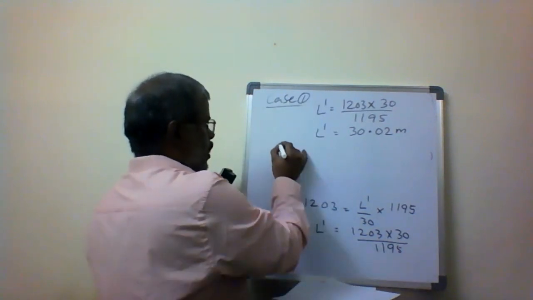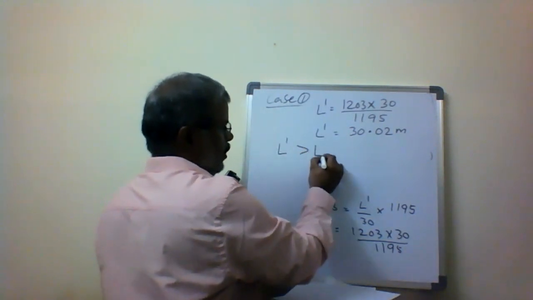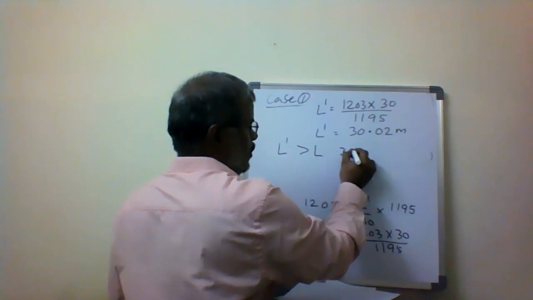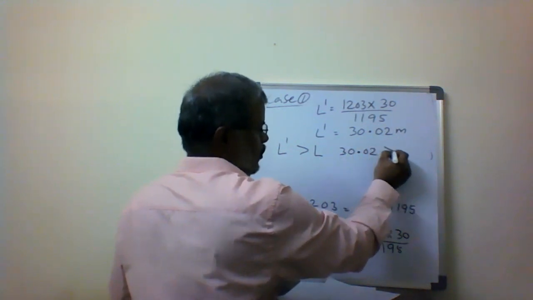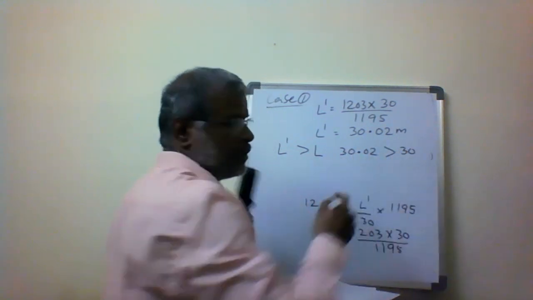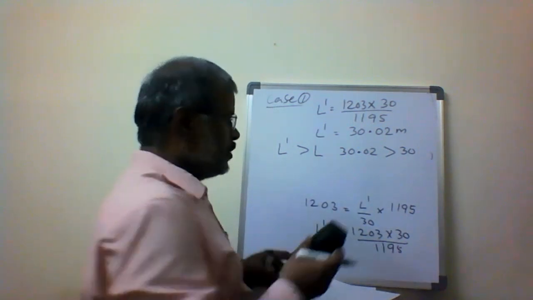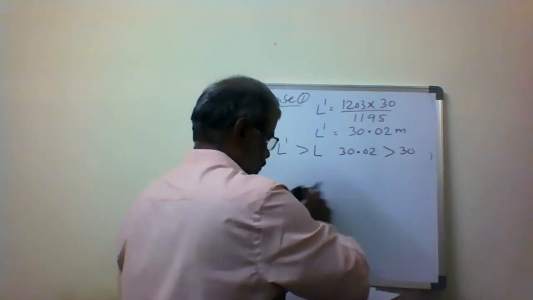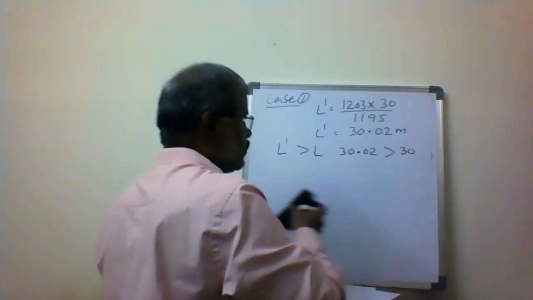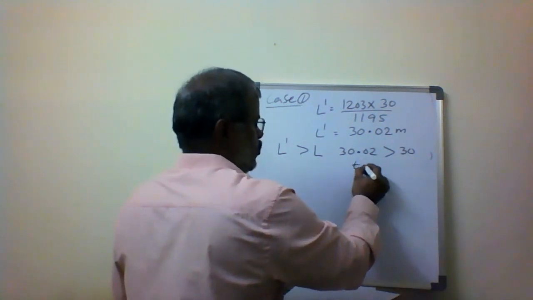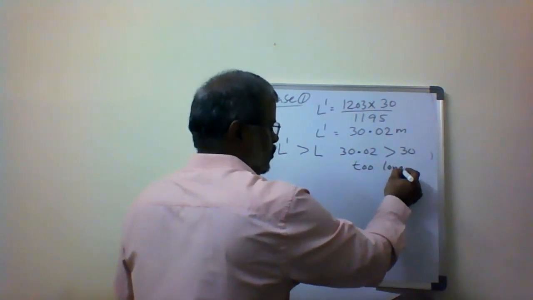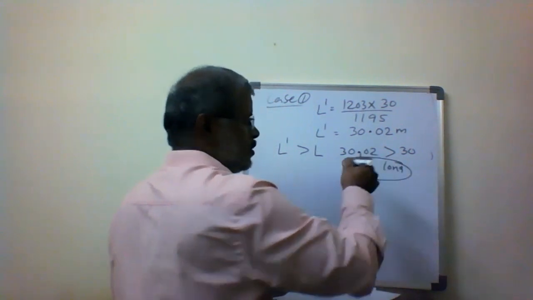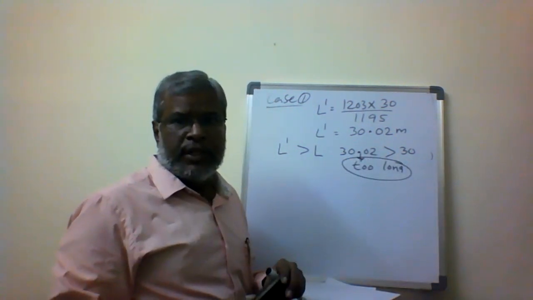So L dash is greater than L: 30.02 is greater than 30. It is showing that the chain is too long.